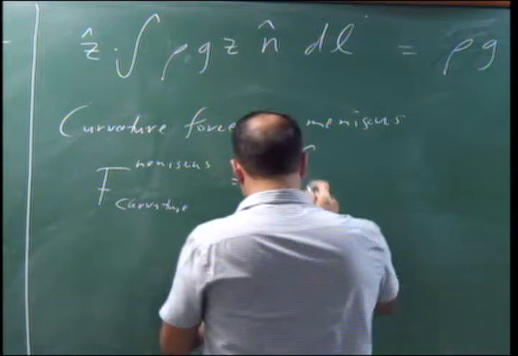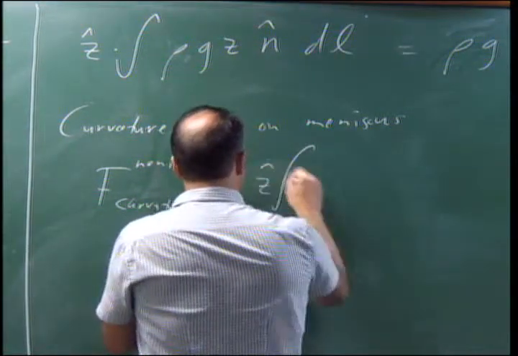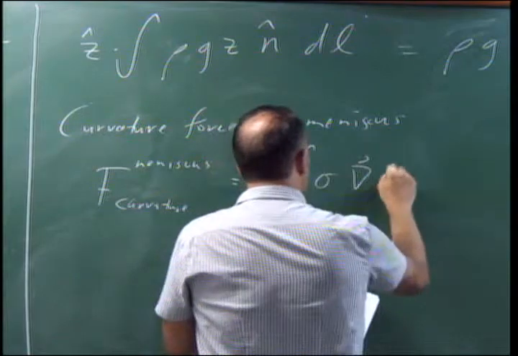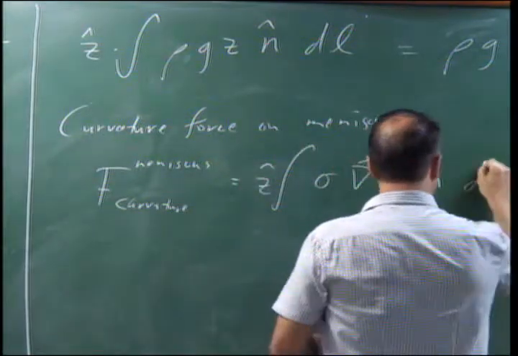We just take the vertical component of sigma div n dl.